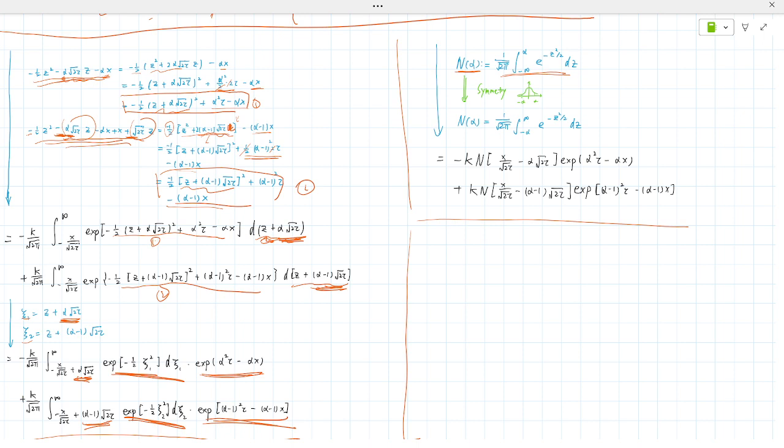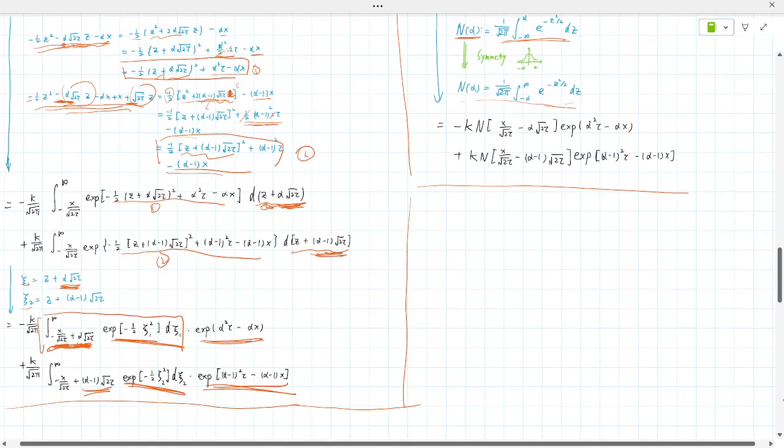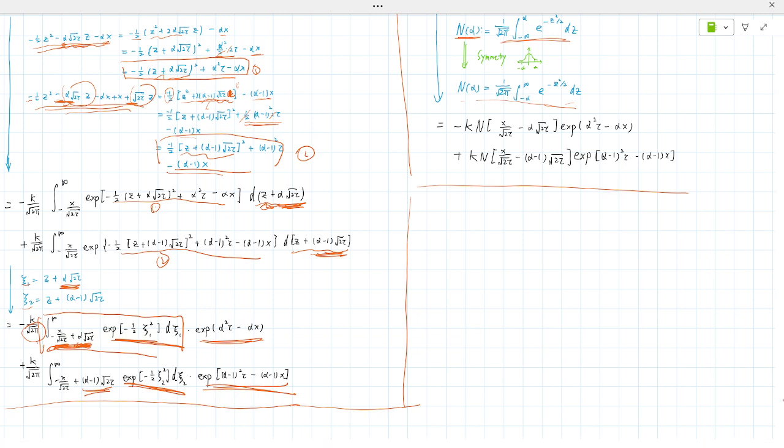That's just symmetry. So it also equals this. And observation here, this is the same, in the same format, plus a square root 2 here.